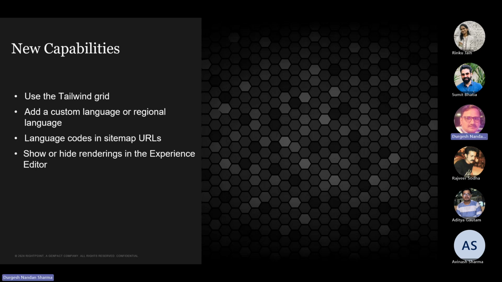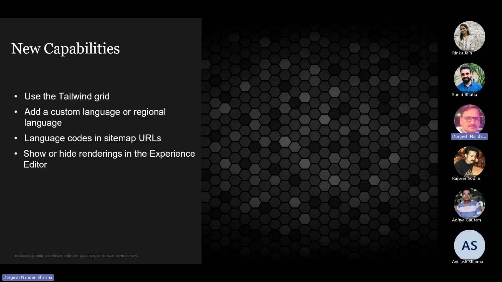Another one is show and hide rendering in the Experience Editor. Content authors can now choose to show or hide specific renderings directly within the Experience Editor. This makes it easier to manage content visibility during the authoring process and allows for a more streamlined preview.